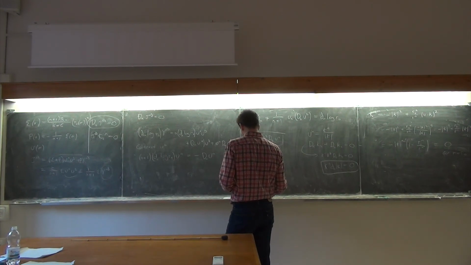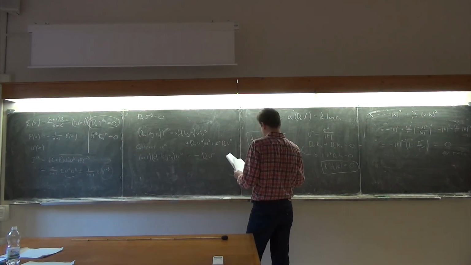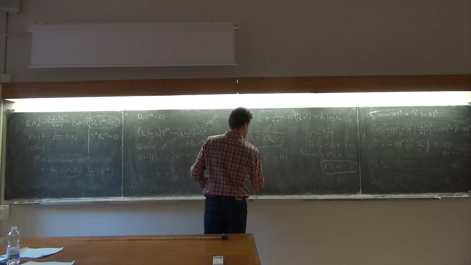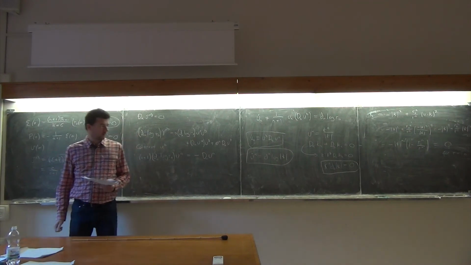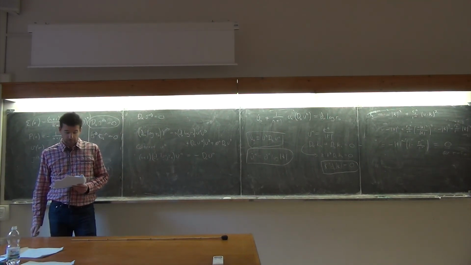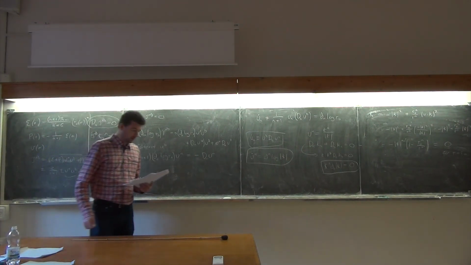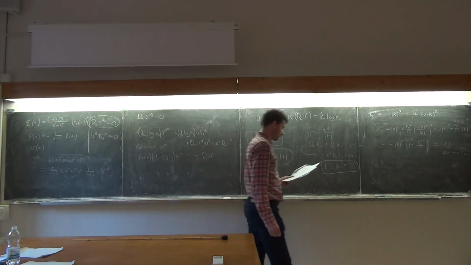And then I'll spare you some details here. It's just a lot of algebra. You get that this acceleration can be written in terms of the derivative of log of the norm of the killing vector. It's not difficult to see that.